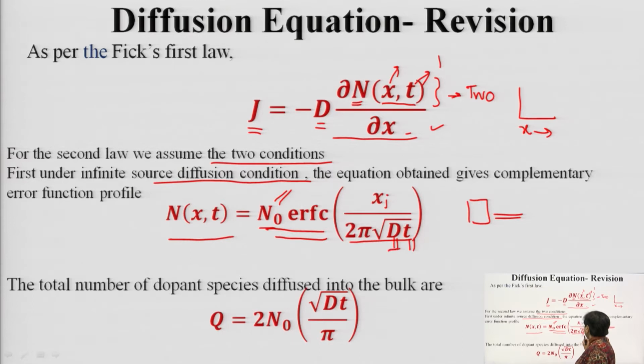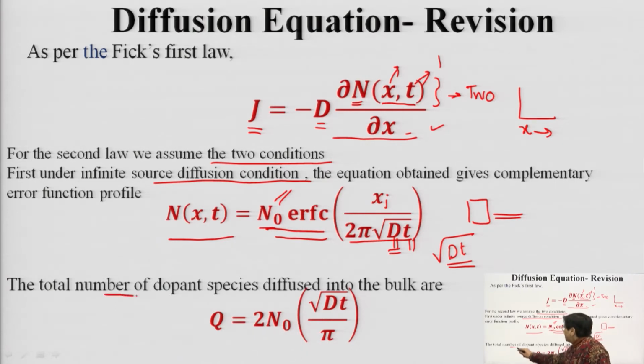Under root Dt we have seen as the most important parameter, defining the penetration, or the extent to which the movement of species within the bulk is happening.